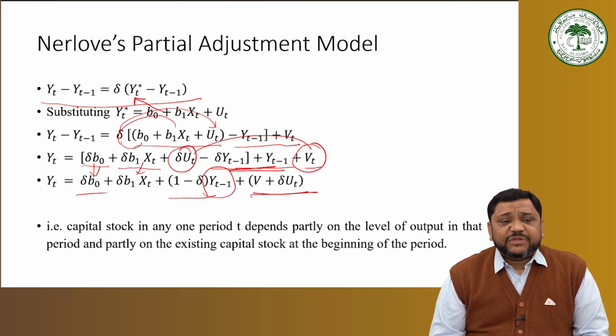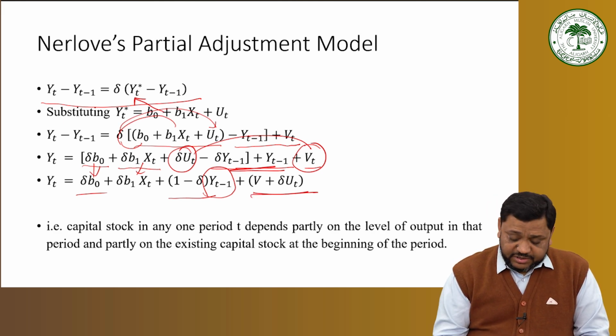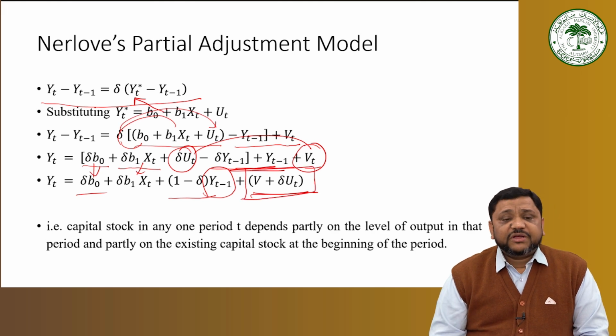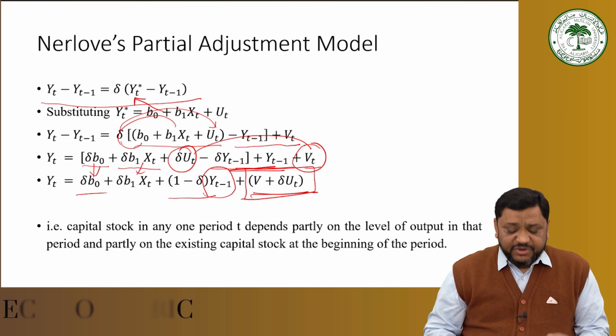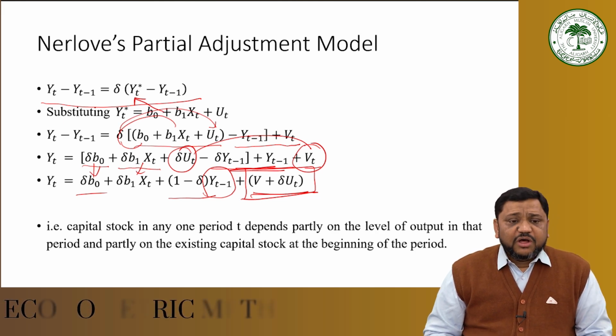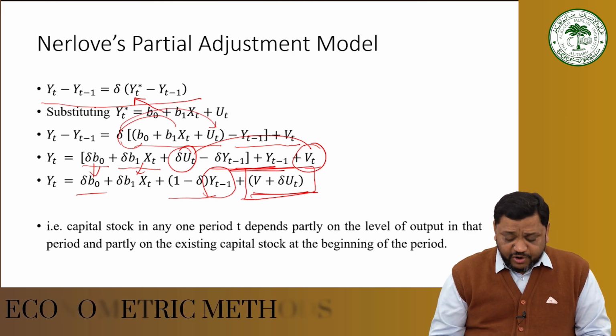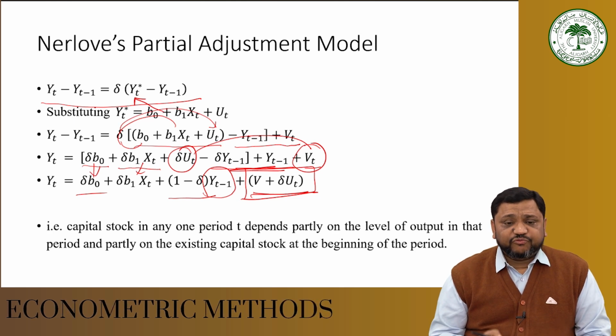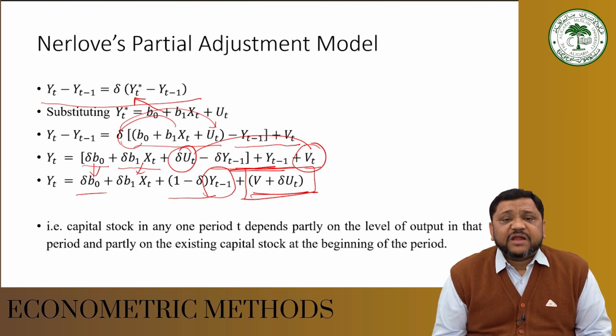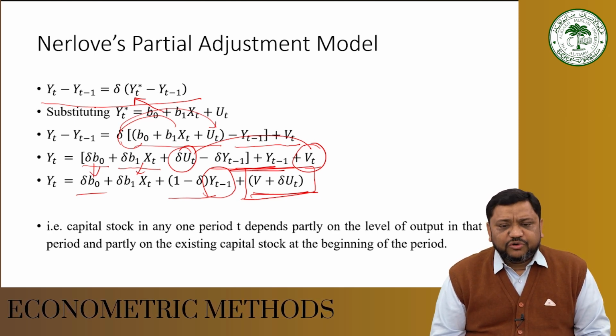So we may assume that this new error term, that is V plus gamma ut, is not autocorrelated. What we have seen in the previous case, in the Koyck model, we found that we are apprehensive that there can be a problem of autocorrelation.